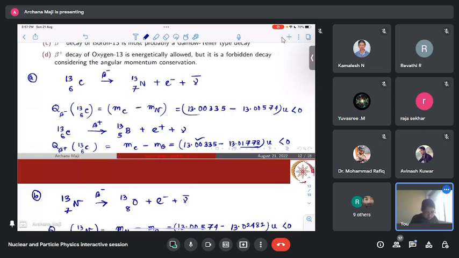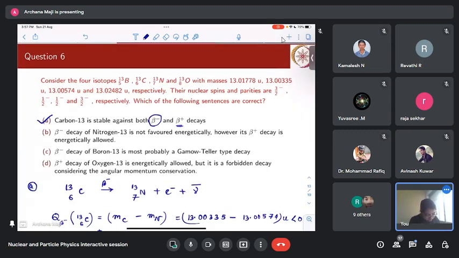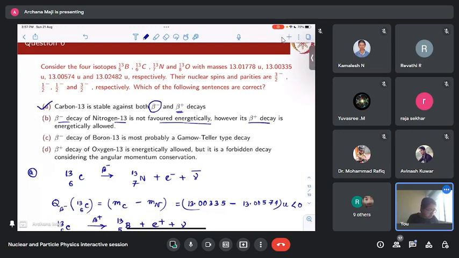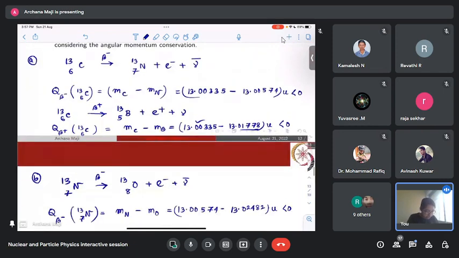So beta minus decay of nitrogen 13 is not energetically favored. So the first statement is correct. Let us check the second one, whether its beta plus decay is energetically allowed or not.